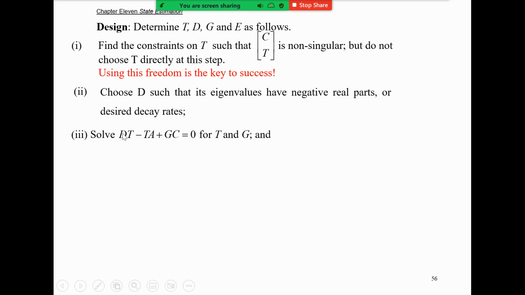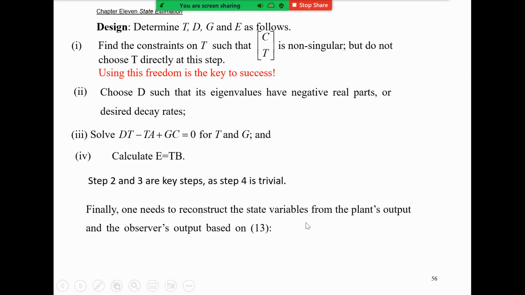You already know D, you know A, you know C, and you solve for T and G. Once you have T, how you get E is simple: it's just T times B. So steps 2 and 3 are the key steps, because the final step is trivial. This will be the main design equation.